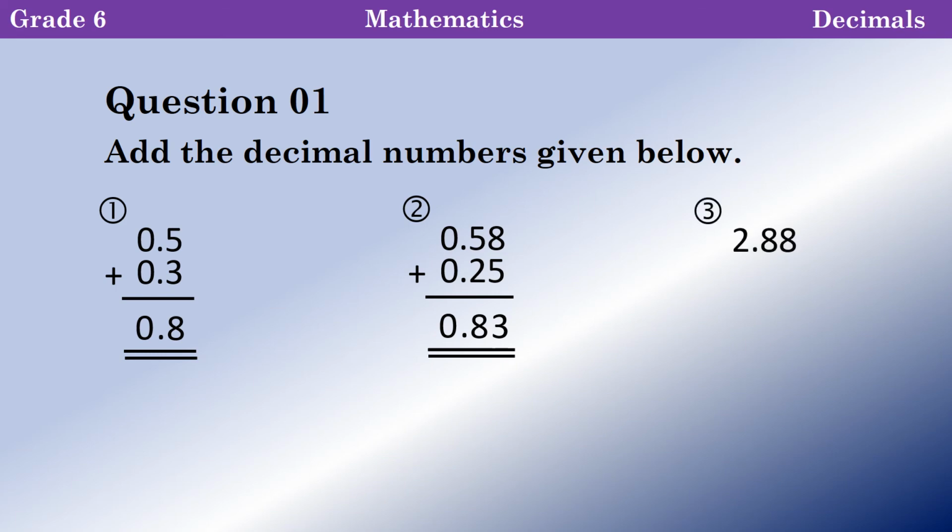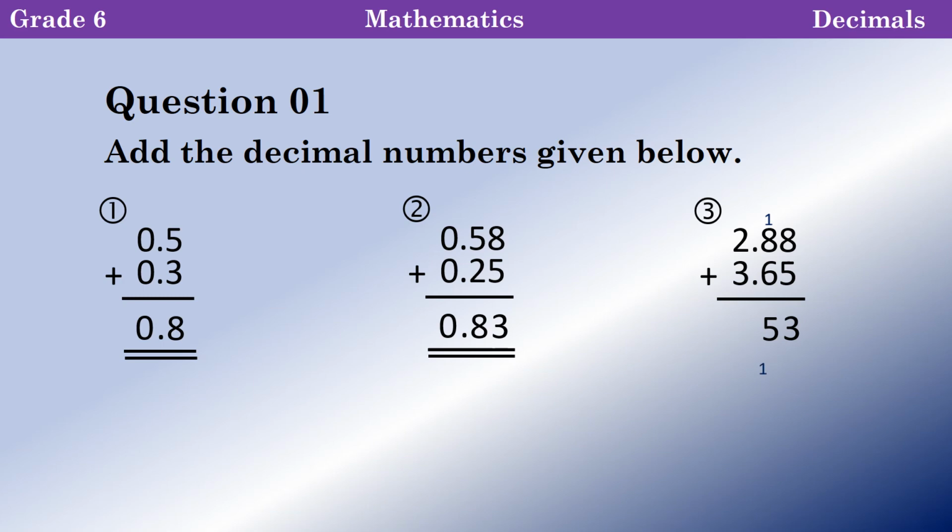Third one, 2.88 plus 3.65. When adding these two decimal numbers, we first add the digits in the second decimal place. 8 plus 5 is 13. We put 3 and 1 is remaining. We bring that 1 to the first decimal place, and when the digits in the first decimal place are added, it is 1 plus 8 is 9. 9 plus 6 is 15.